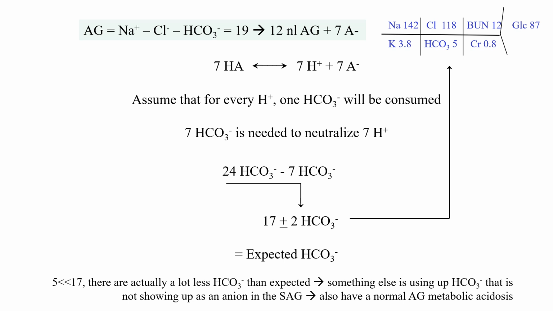This means we must also have a normal anion gap metabolic acidosis. Bottom line, when the actual serum bicarbonate is much lower than the expected bicarbonate, we can deduce that there must also be a normal anion gap metabolic acidosis present.